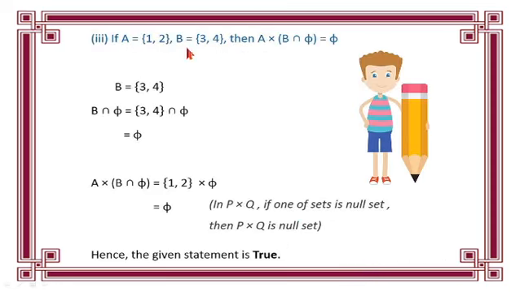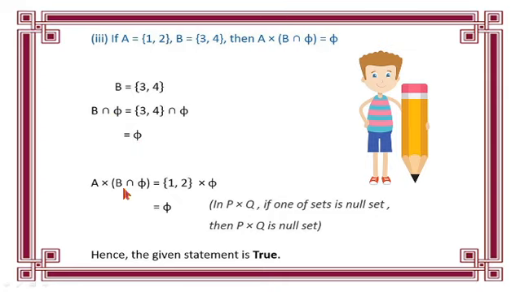Now the third part. If A and B are given, then A cross (B intersection phi) is phi. Let's calculate. First of all, set B is 3, 4. Now B intersection phi. Intersection means the common elements. Now what is common in these two sets? Phi is the only common. So B intersection phi is phi only.